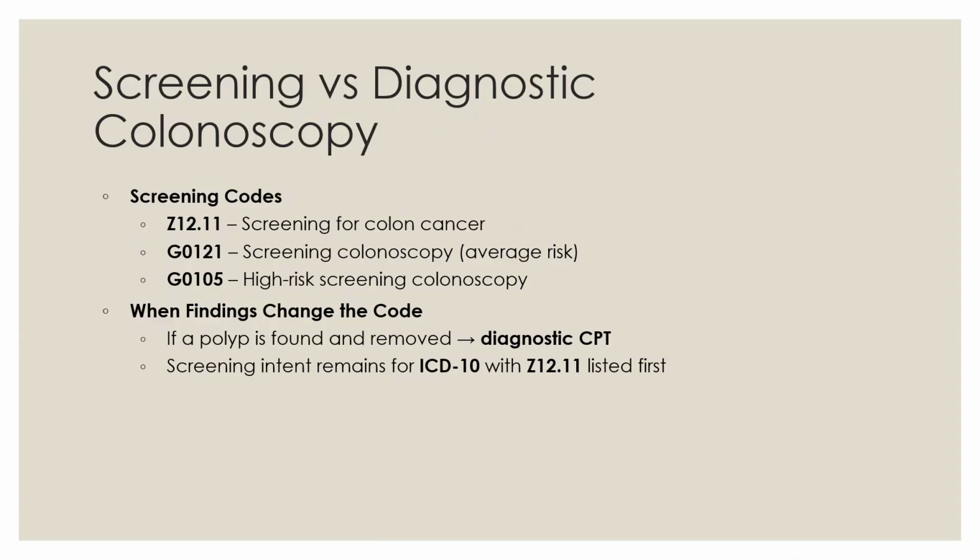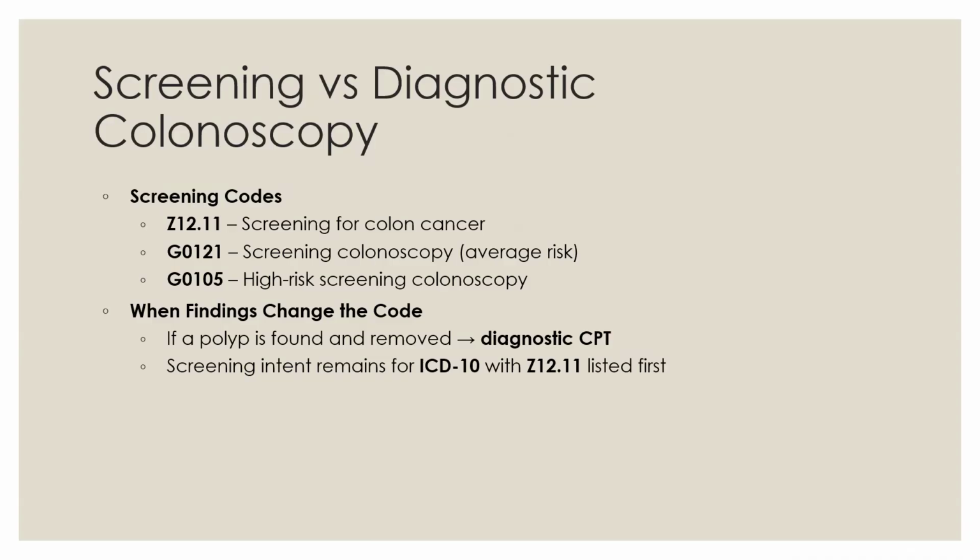Here are the screening codes. The Z12.11, screening for colon cancer, then the G0121 for a screening colonoscopy for a Medicare patient, and G0105 for high-risk screening colonoscopy for Medicare.